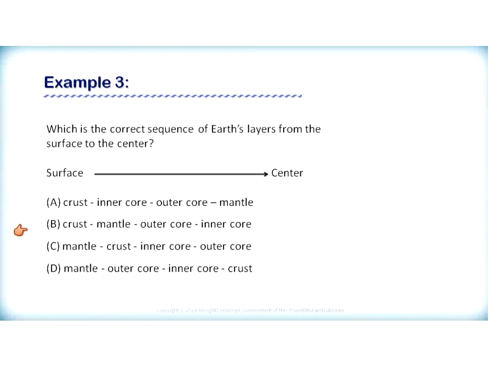Hence, we can conclude that A or B is the correct answer, eliminating answers C and D. If we look at the layer closest to the center, we see mantle and inner core. And from the slides that we previously looked at, the inner core is the innermost layer of the Earth. Therefore, for example number 3, B is the correct answer.